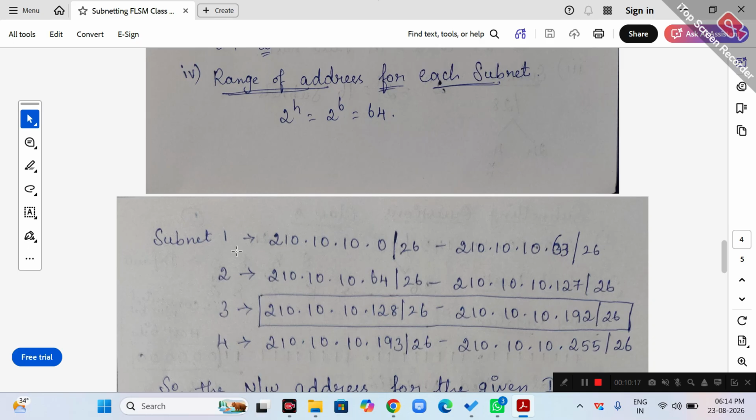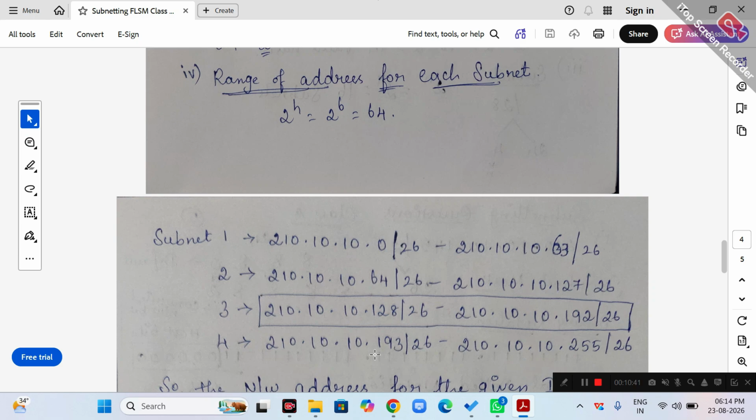What is the broadcast address? The network address of the second subnet is 64, which means the previous address, 63, is the broadcast address for subnet 1. For the third subnet, the network address is 128, so the broadcast address of subnet 2 is 127.